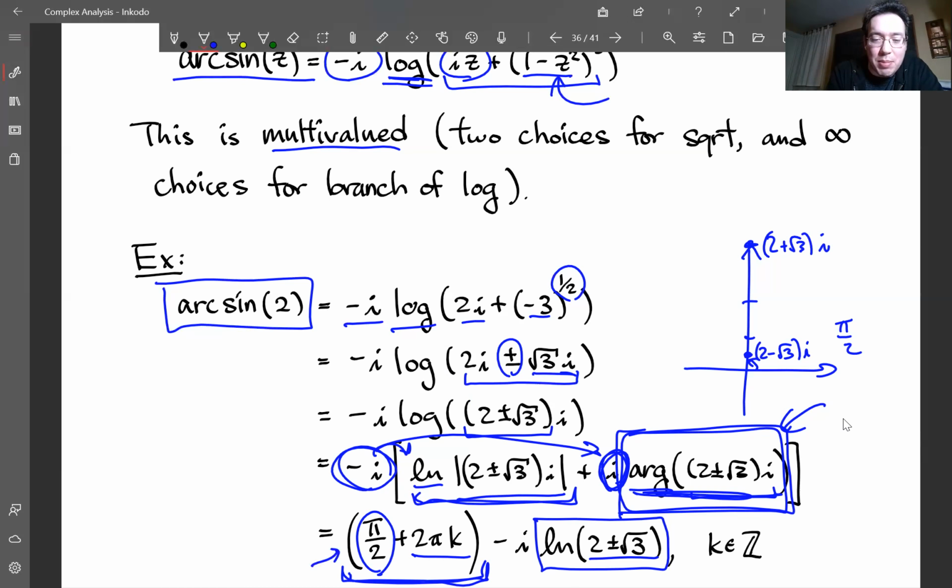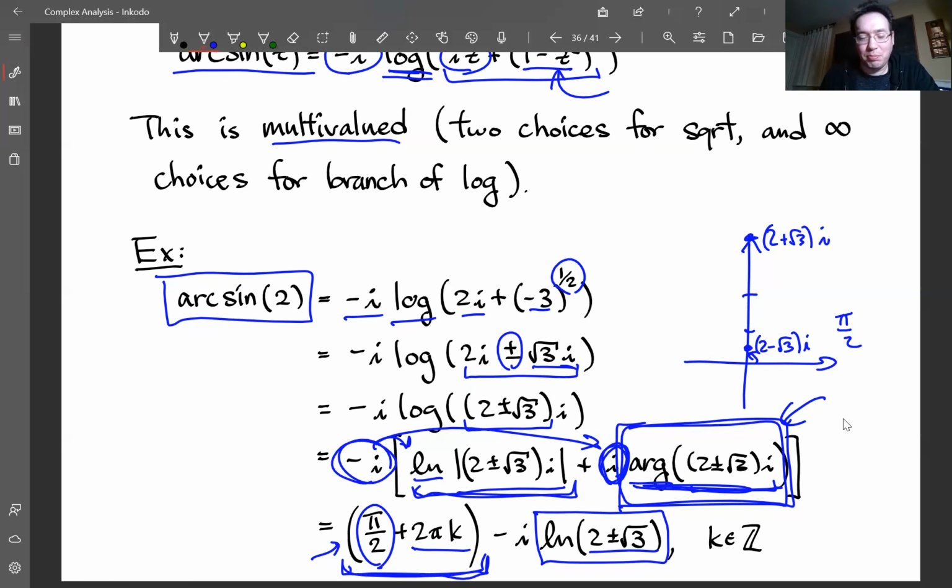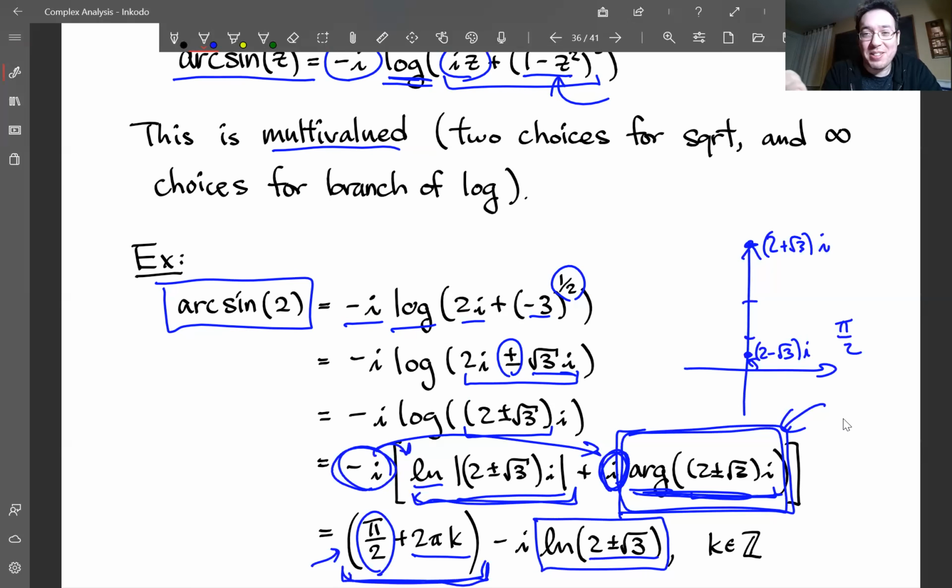Then there are infinitely many real values, 2 pi apart, that work. So what did we just compute? If we plug this into the complex sine function, we're going to get the output of 2. That's crazy, right?